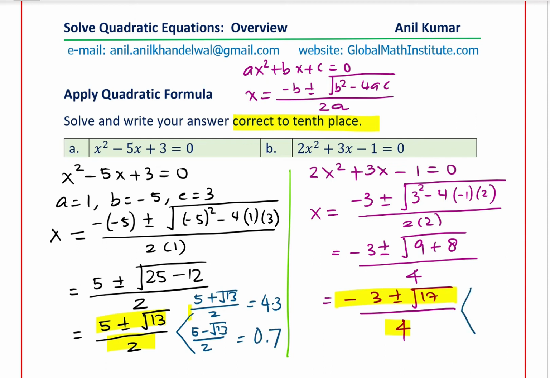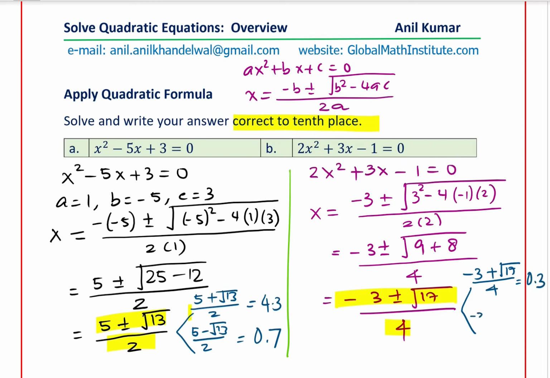Here also we'll do the same calculation, but with the values of minus 3 plus square root 17 over 4. So we have minus 3 plus square root of 17, and we're dividing this by 4 to get the answer in decimals as equal to 0.28, rounded to 10th is 0.3.